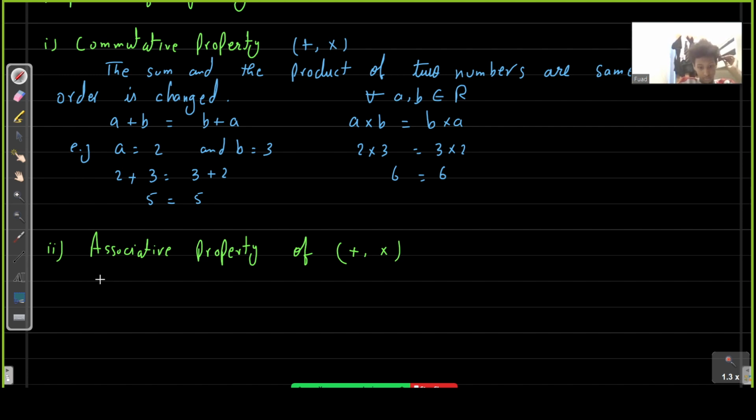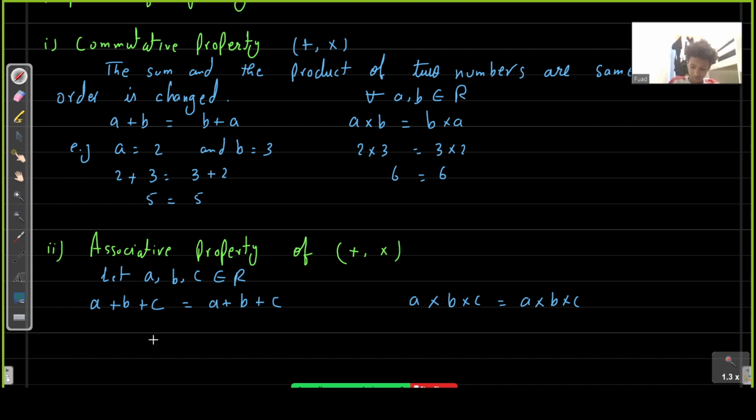So let a, b, and c, three numbers, belong to real numbers, and I'm going to add three of them and multiply three of them. a plus b plus c will be equal to a plus b plus c with different grouping, and if I multiply, a multiplied by b multiplied by c is equal to a multiplied by b multiplied by c.